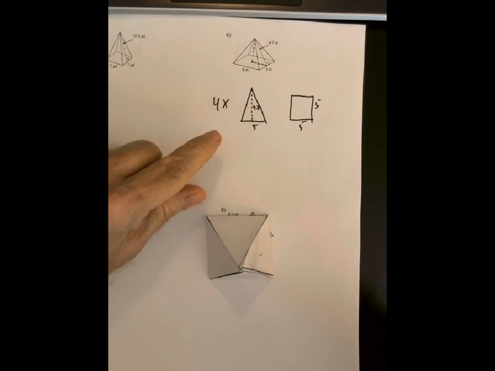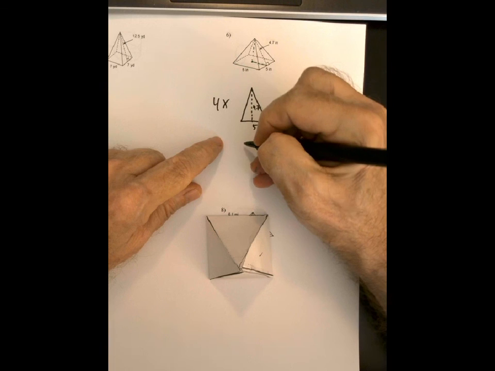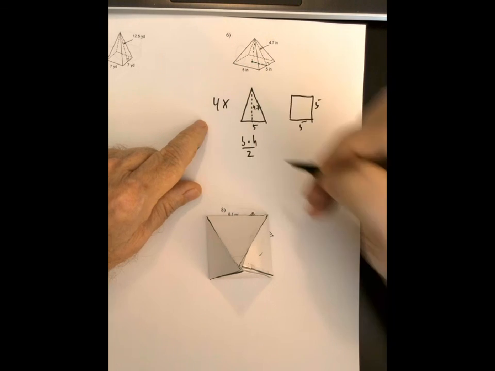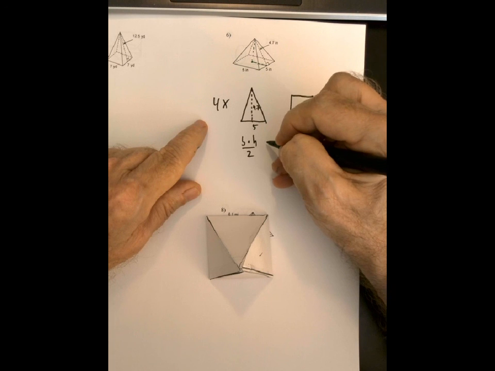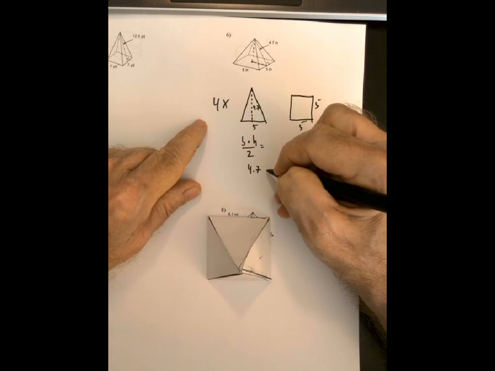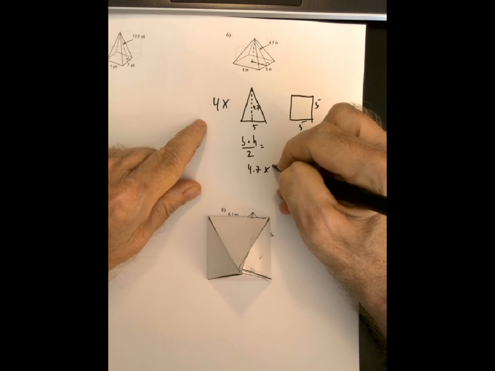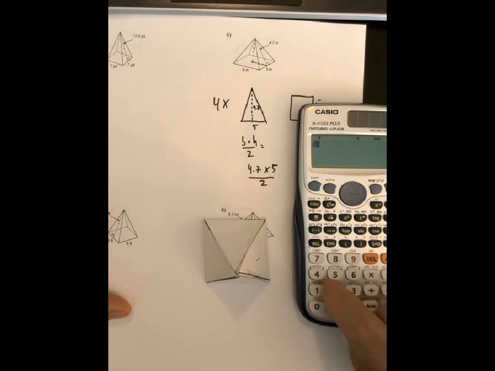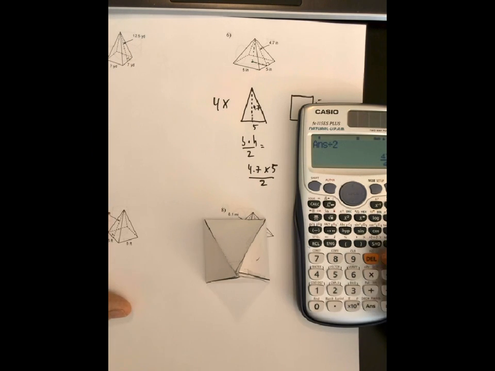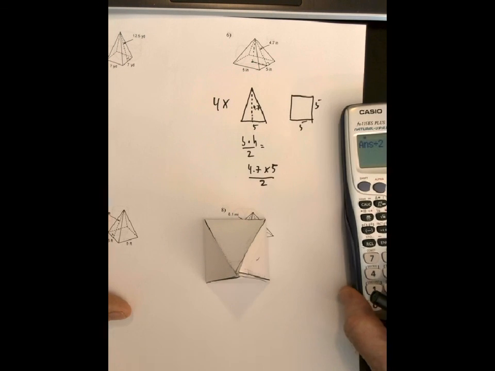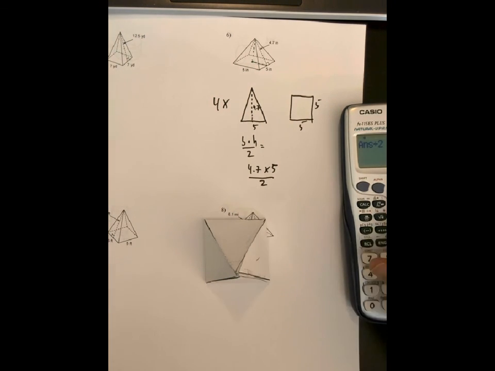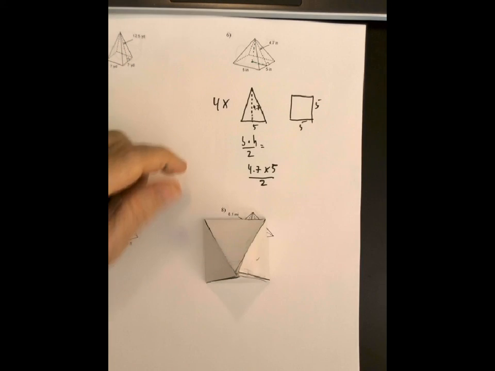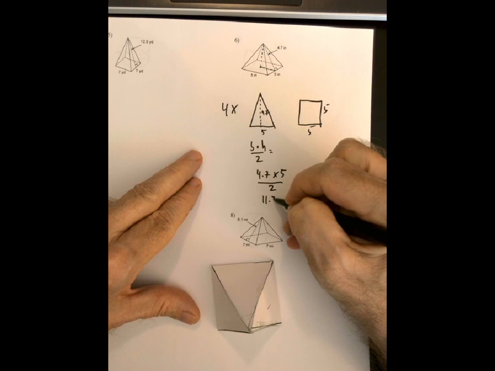Now how do we find the area of a triangle? Well, it's base times height divided by 2, right? So this is going to be 4.7 times 5 divided by 2. Mr. Calculator says that's 11.75.